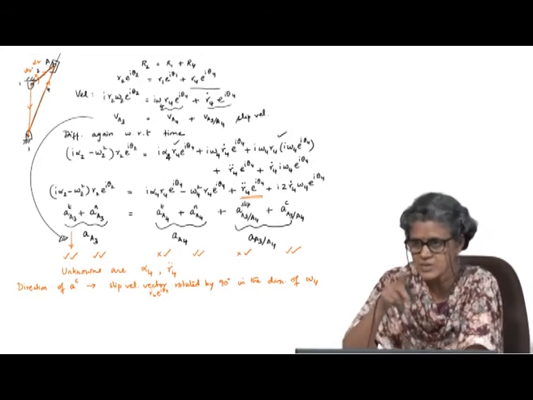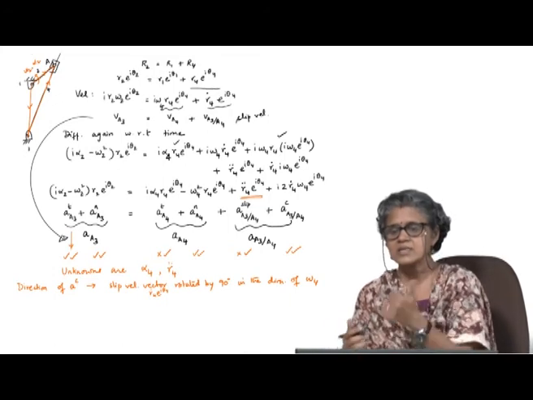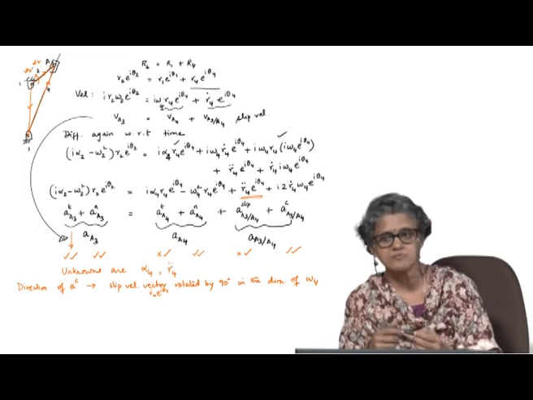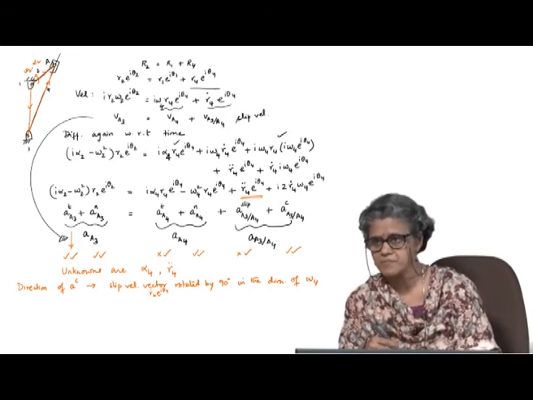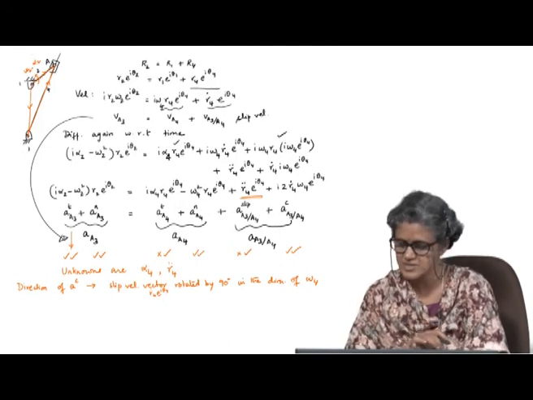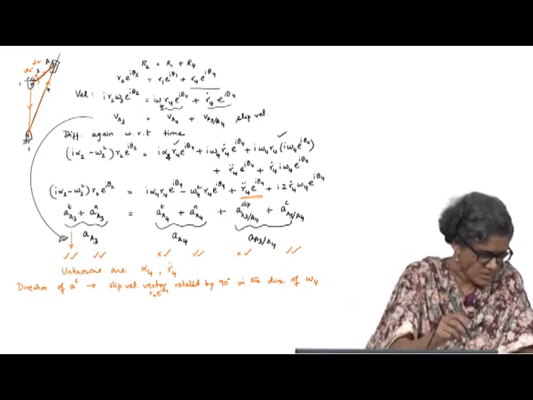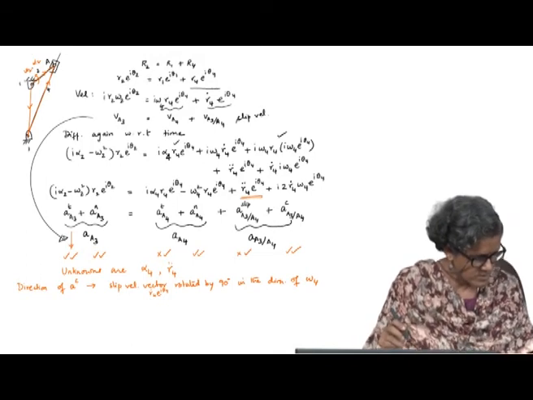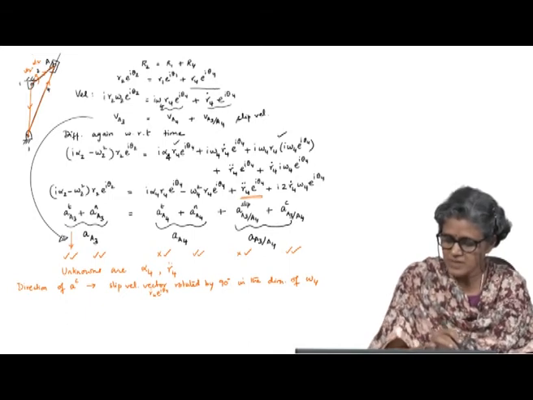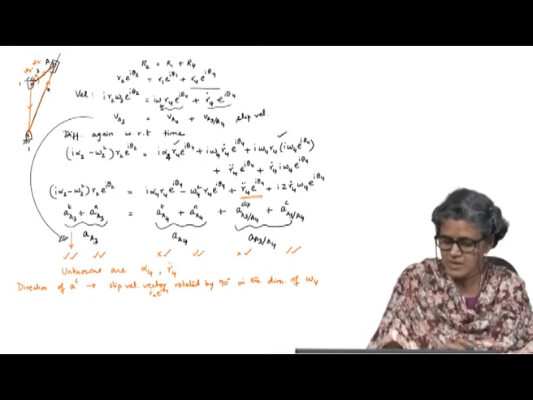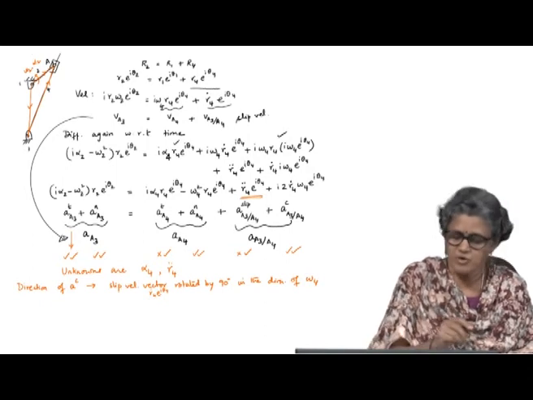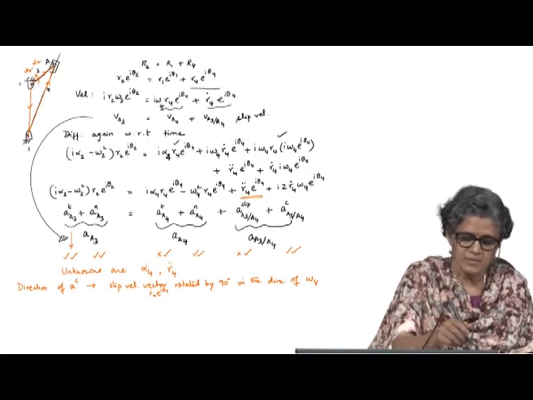One is along the link, one is perpendicular to the link. The direction will be determined by the direction of the slip velocity and the direction of omega. Those 2 will determine the direction of the Coriolis acceleration. Okay. So, this is for the cases that we have. Again, this you should be familiar with. This is just a recap of what you already know.